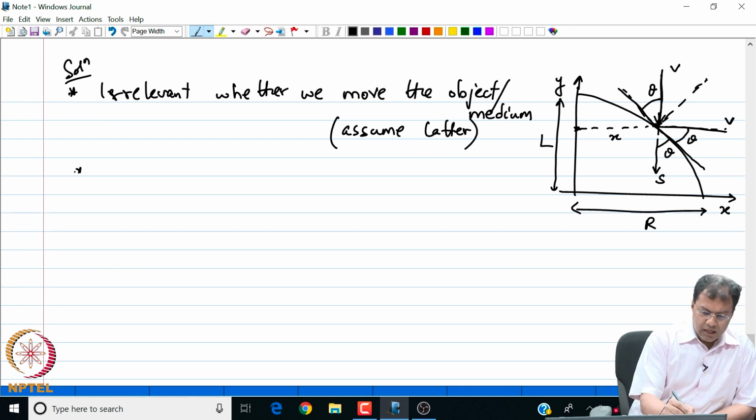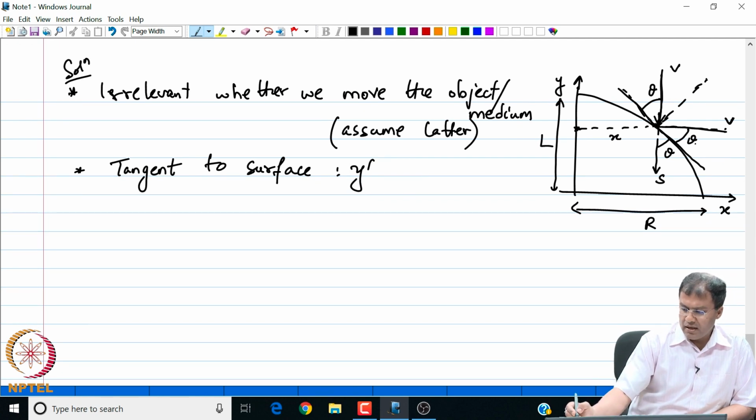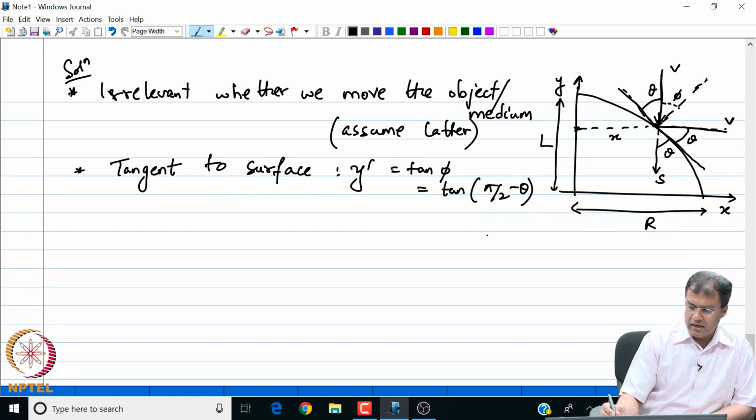So, then we also have to figure out what the tangent to the surface is. The tangent to the surface is y prime, the tangent with respect to the vertical angle. So, y prime is equal to tan phi, or tan of 90 minus theta, and this is also equal to cot theta.